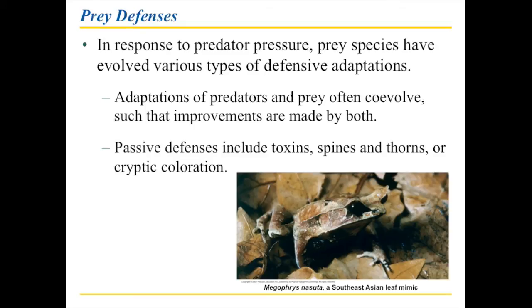If you can't be seen, then you can't be hunted down. These include things like toxins, spines, thorns, cryptic coloration. Especially, of course, if it's a toxin and the predator will catch you and spit you out, that's all right, but it may cause injury. Spines, they won't get to you. Thorns, those kinds are lines of last defense.